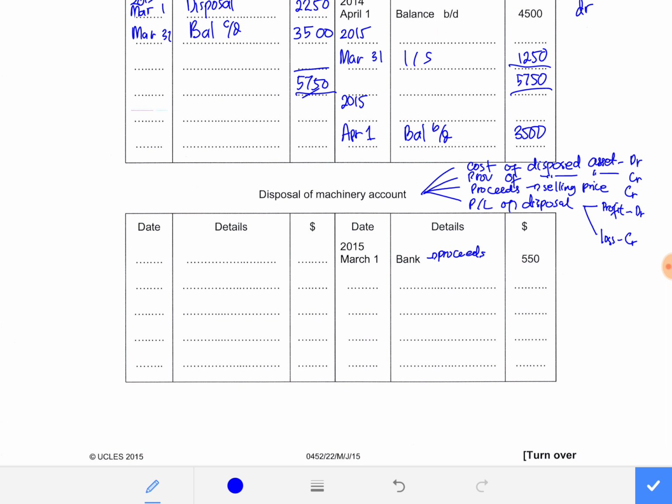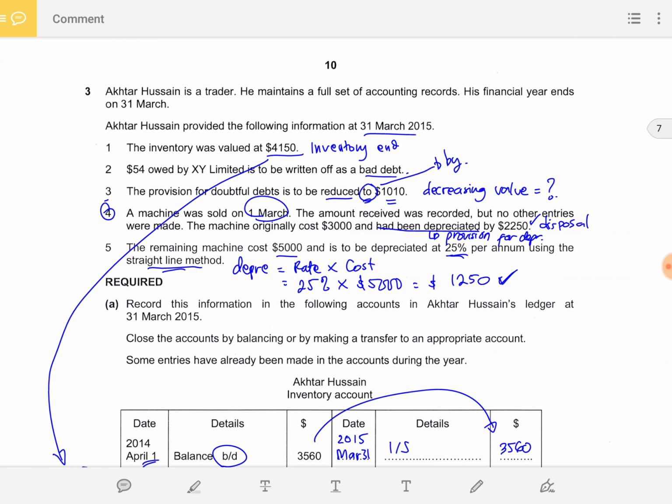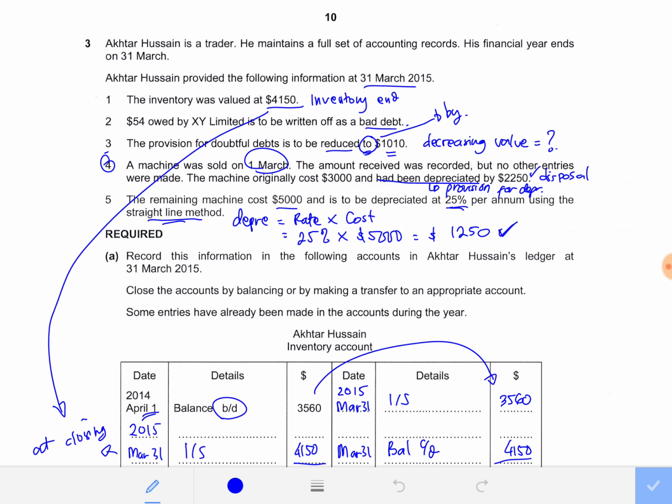So, first information we already got, proceeds, and then provision of disposed asset and cost of disposed asset. I believe there is information above on number 4 that the cost is 3,000 and provision is 2,250.